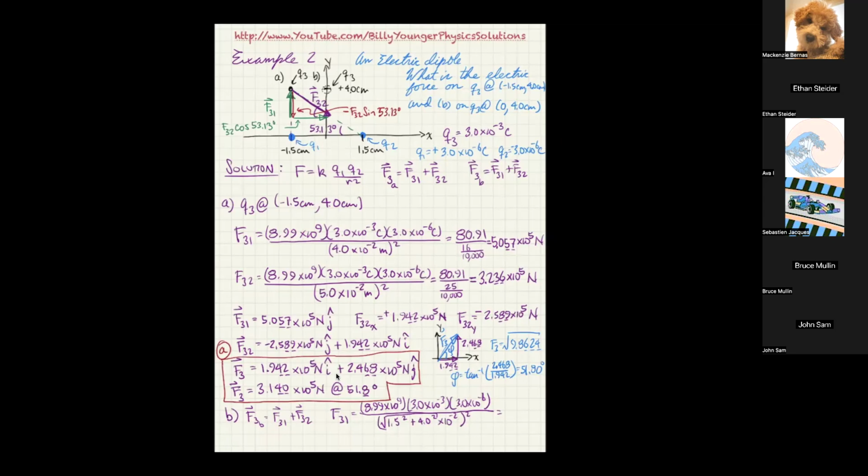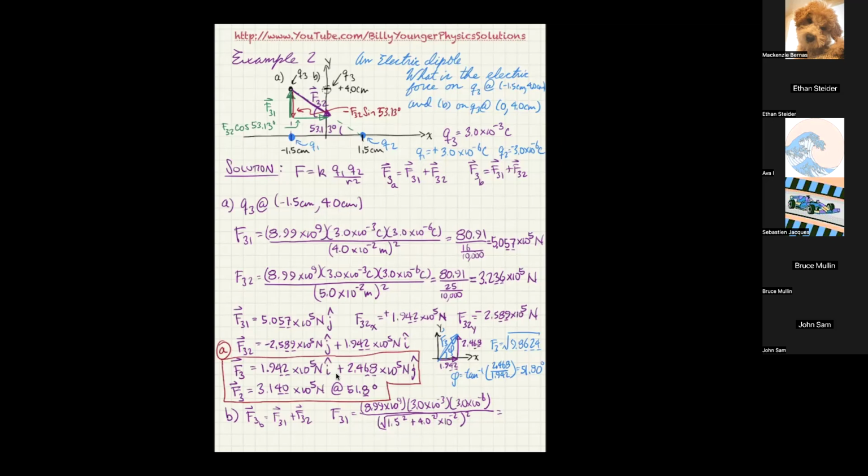And then I'm going to say times 10 to the negative 4, because that'll fix the fact that I have to square the 10 to the negative 2. So I basically said 80.91 divided by parenthesis, 1.5 squared plus 4.0 squared, close parenthesis, times 1 e to the negative 4.